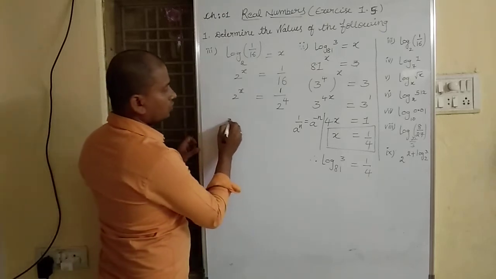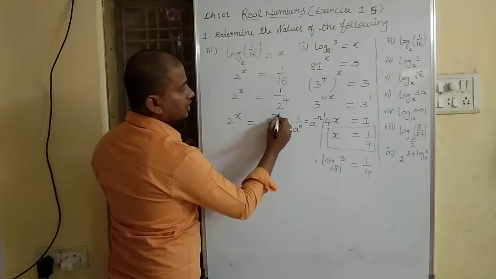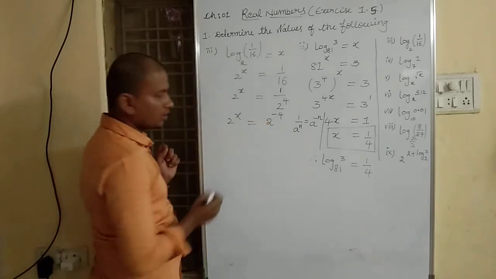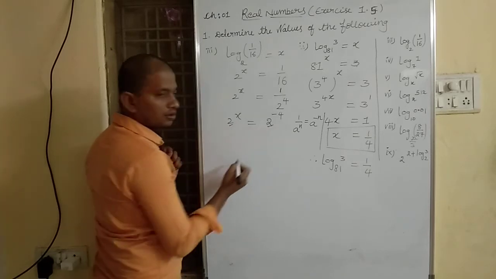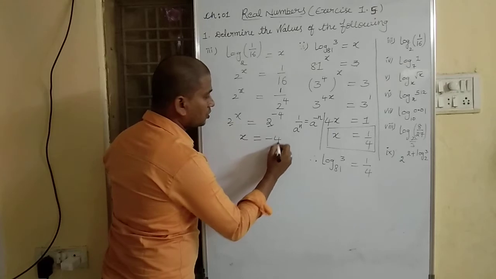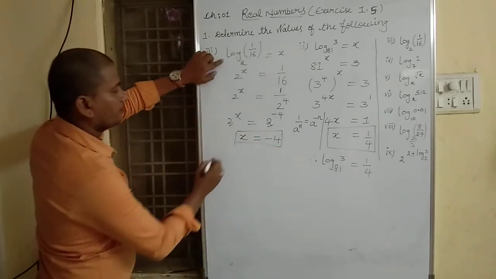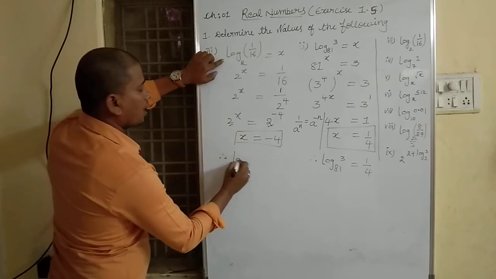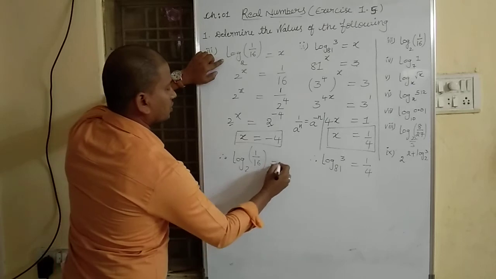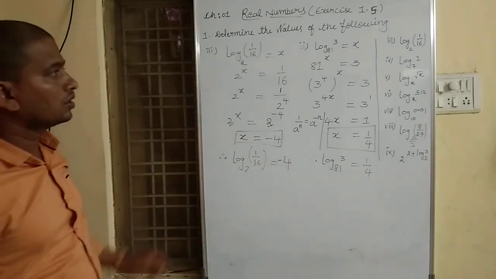So 2 power x equal to 1 by 2 to the power 4, I can write as 2 to the power minus 4. As bases are equal, powers should be equated. So x is equal to minus 4. Therefore, log 1 by 16 to the base 2 is equal to minus 4.